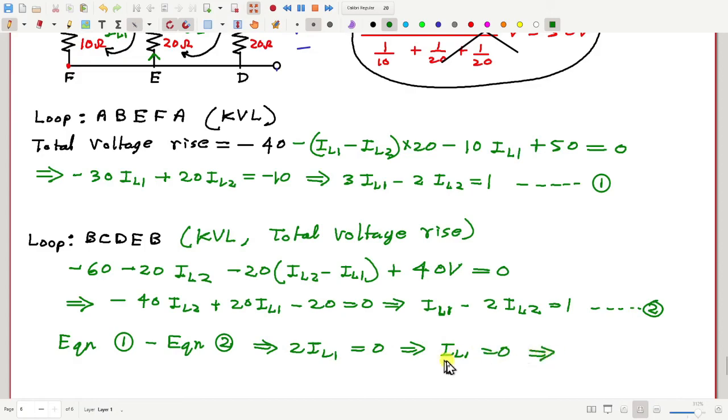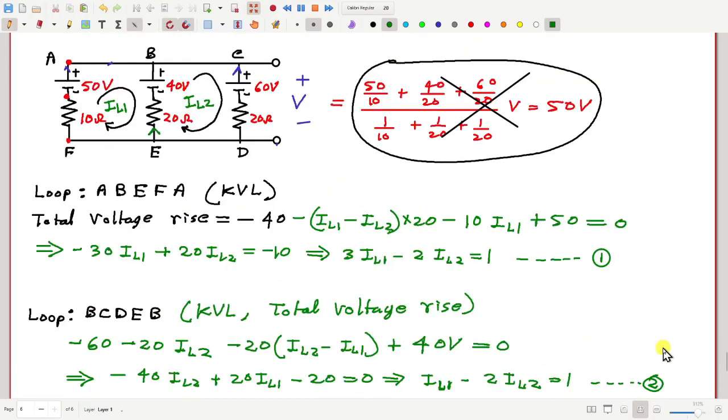And once you know the value of IL1, you put the value in any equation, and you will get IL2 equal to minus 0.5. Am I correct? Yes, I guess.